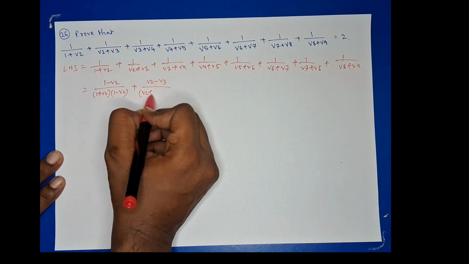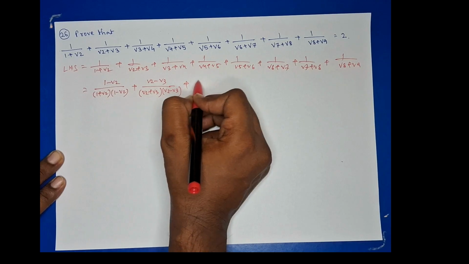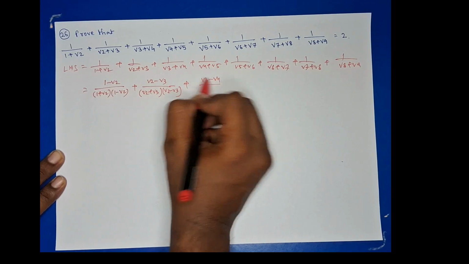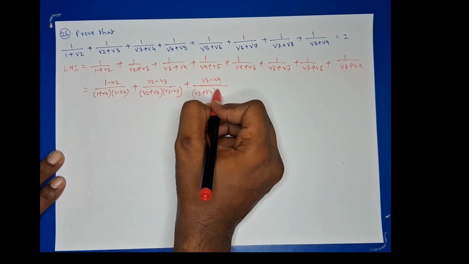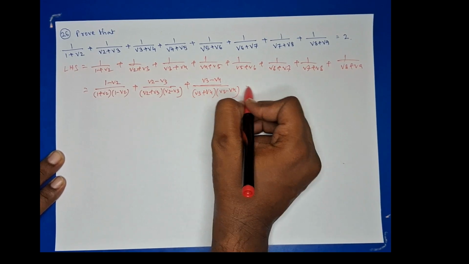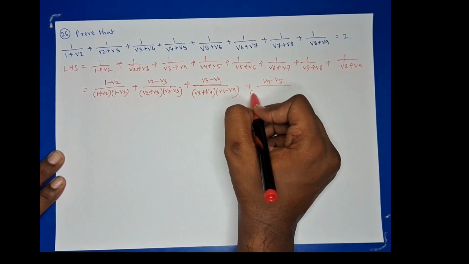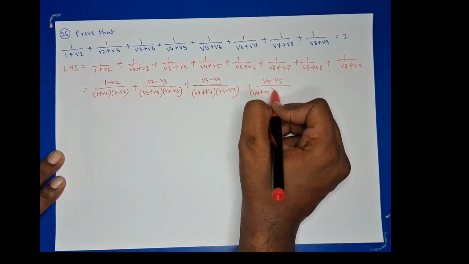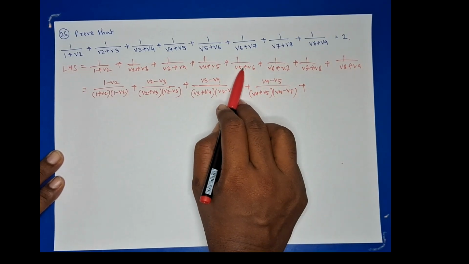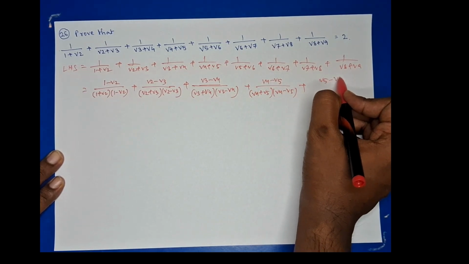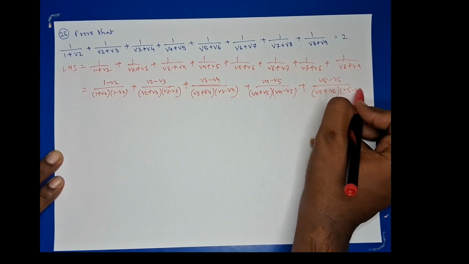We will multiply it on both numerator and denominator to rationalize it. So this is root 2 plus root 3 into root 2 minus root 3. This is root 3 minus root 4, this term, by root 3 plus root 4 into root 3 minus root 4. Again, this term we are writing as root 4 minus root 5 by root 4 plus root 5 into root 4 minus root 5. So now this term we are writing as root 5 minus root 6 by root 5 plus root 6 into root 5 minus root 6.